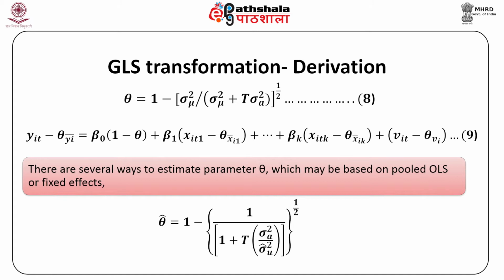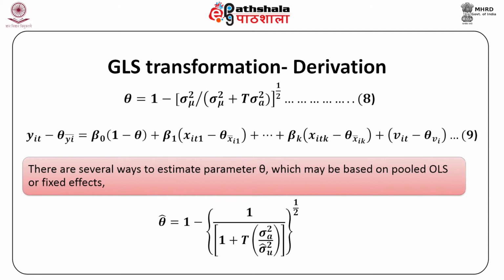In many applications, the whole reason for using panel data is to allow the unobserved effect to be correlated with the explanatory variables. There are several ways to estimate parameter theta, which may be based on pooled OLS, ordinary least squares, or fixed effects.